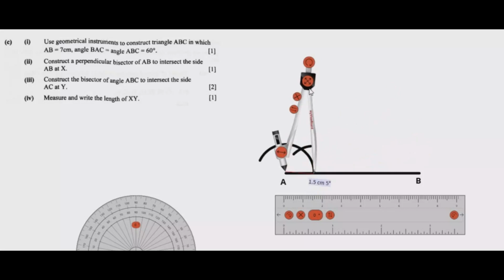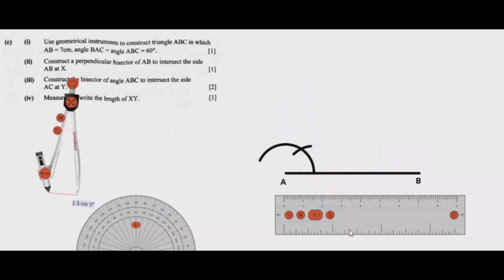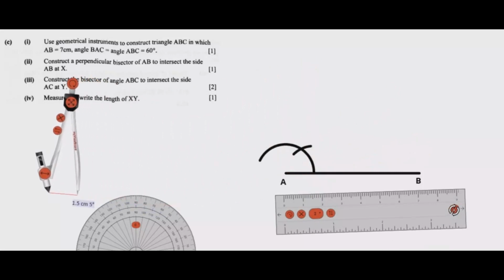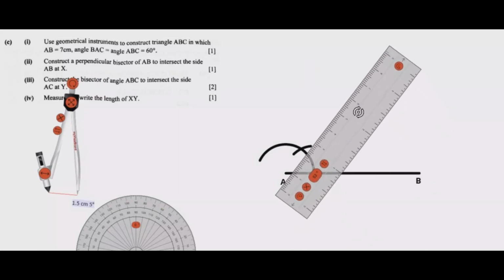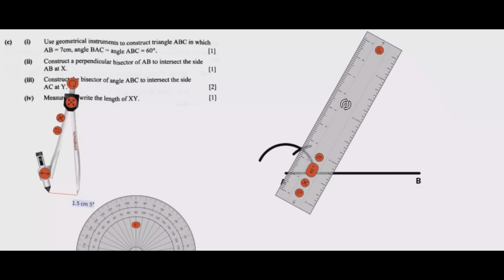Then once I've drawn the arc like that, I'm going to get my ruler and draw a line that will stand for the angle. Okay, like that. So I'm going to put my line there.